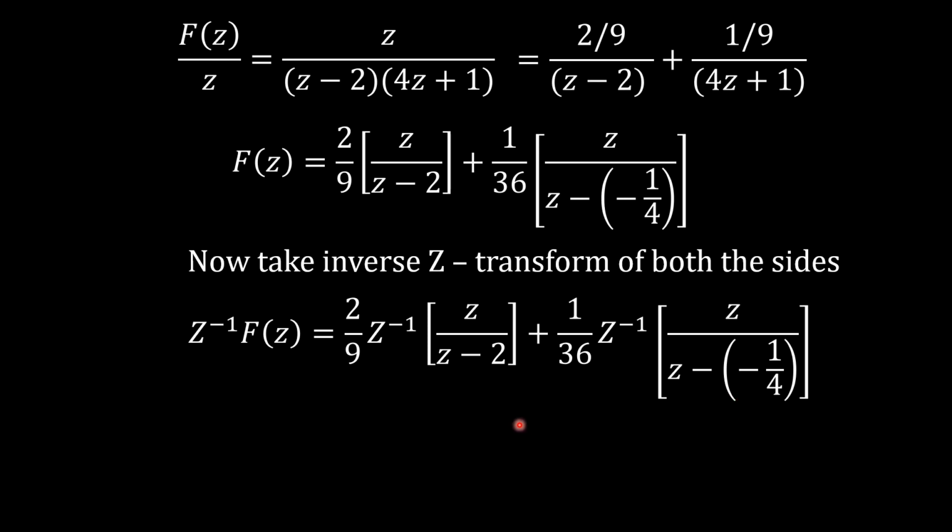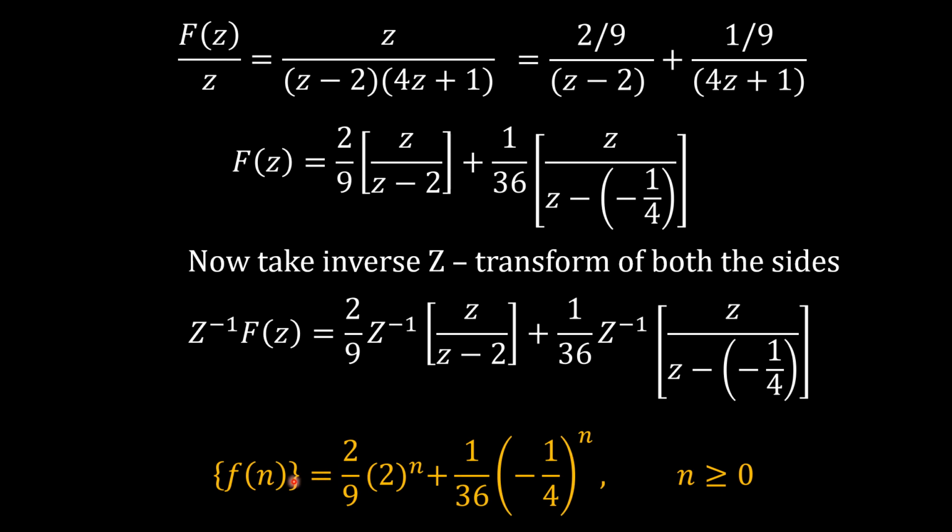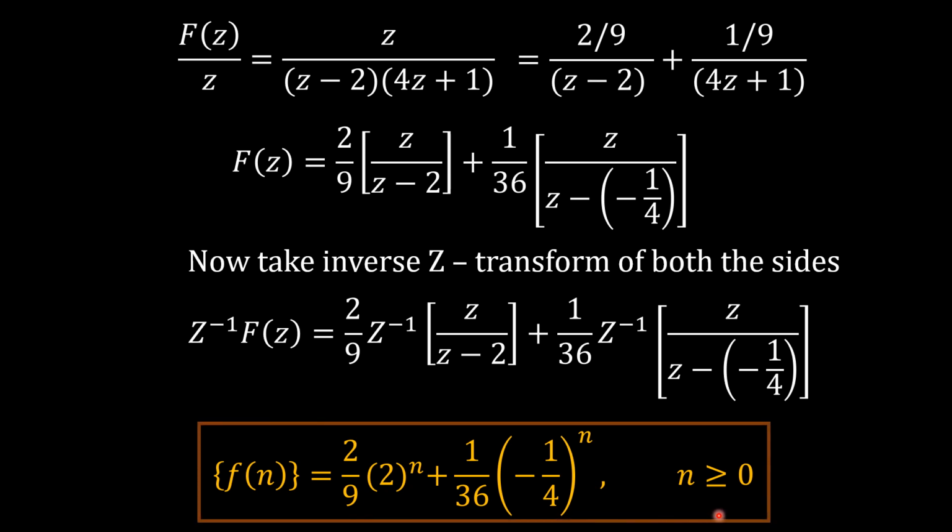Now, using standard results, get the inverse Z transform of these two terms, and we will be getting f(n) as 2 upon 9 into 2 raised to n plus 1 upon 36 into (minus 1 by 4) raised to n for n greater than or equal to 0, which is the solution of the given difference equation.